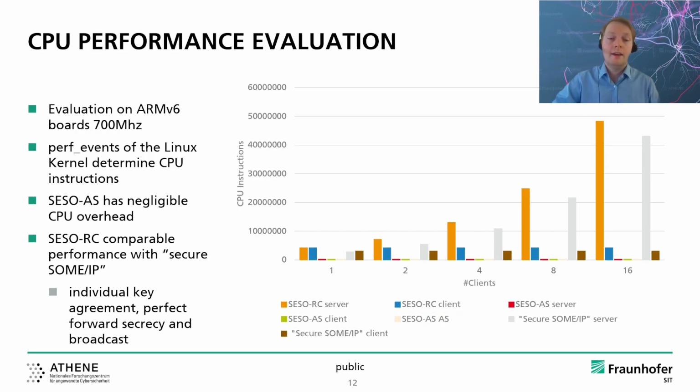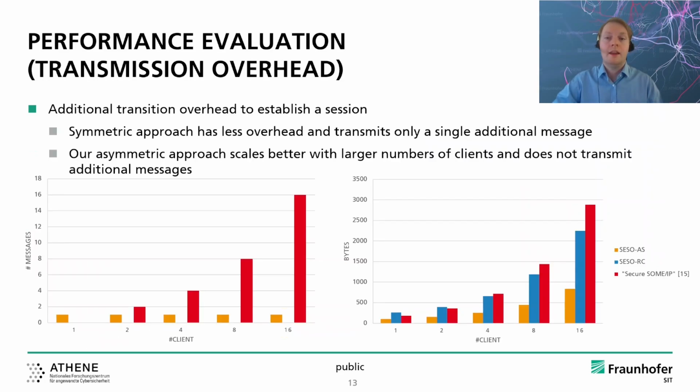Moreover, we analyze the impact of our protocol on the network. Our asymmetric approach SESO-RC, here in blue, does not need any additional messages, while our symmetric approach in orange needs one additional message sent to the authorization server.